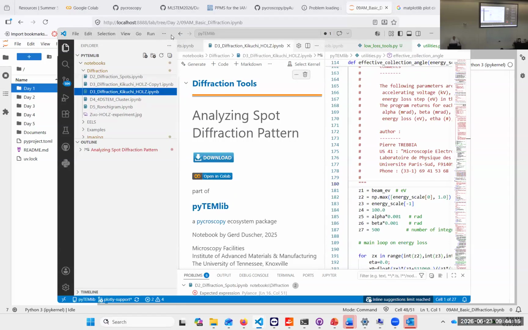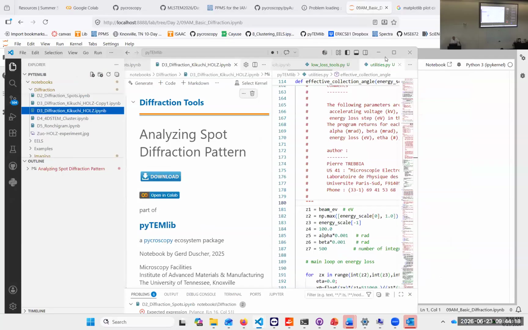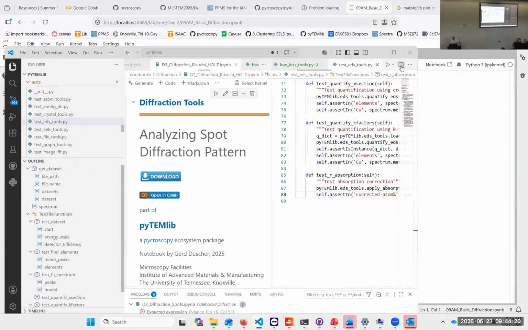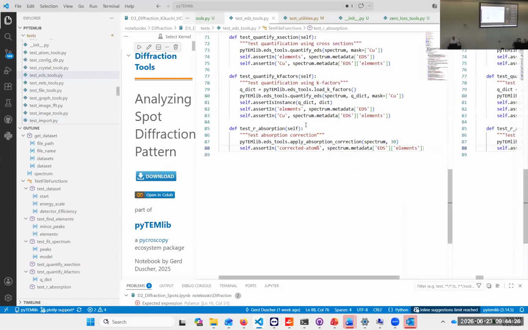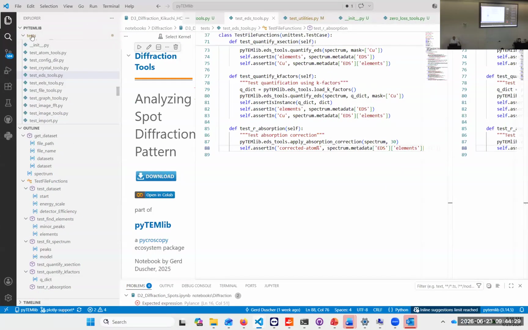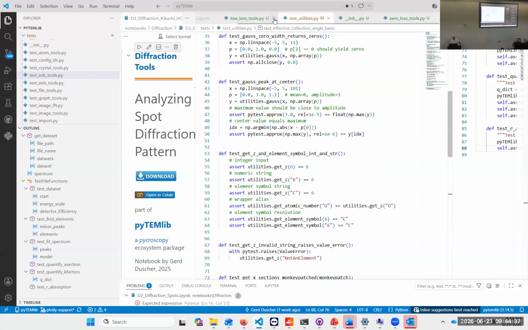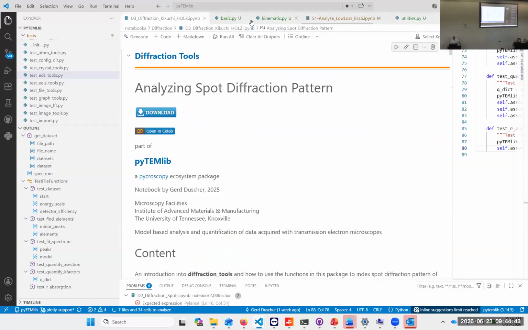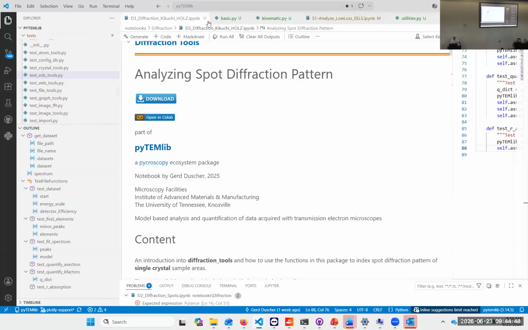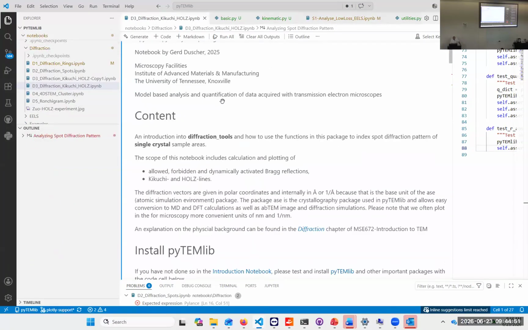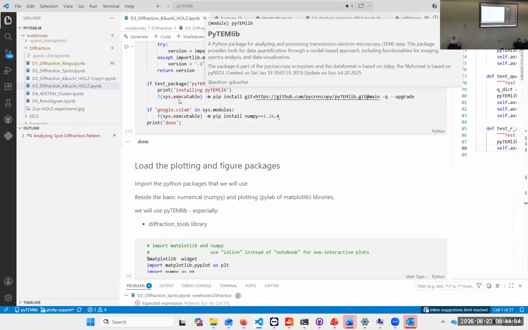Just open one from the PyTemlib. I have this stuff in my way. Okay, get rid of all of those.